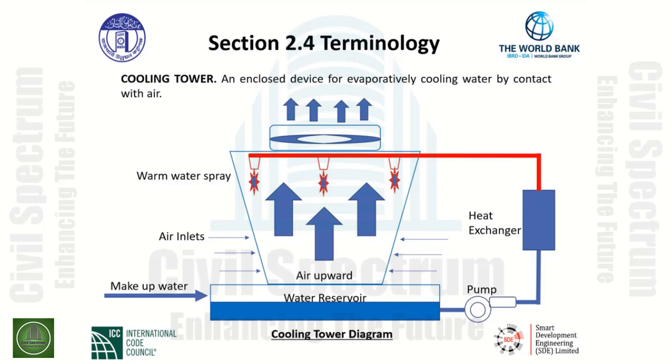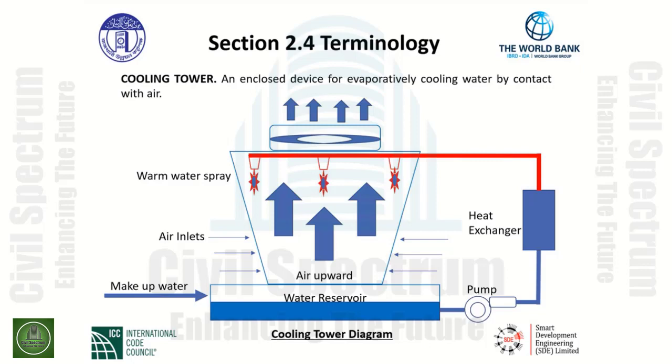side of the pump. The pump pumps the water through the supply into the heat exchanger, where it goes through a heat transfer process, thus cooling down the condenser portion of a chiller.